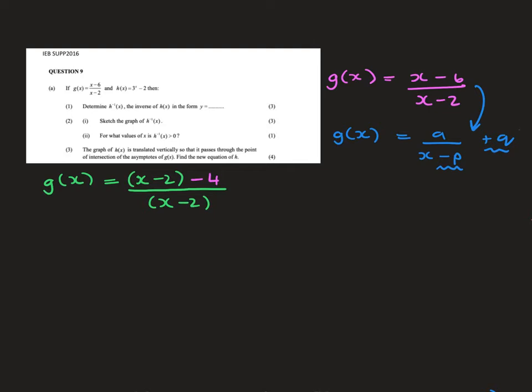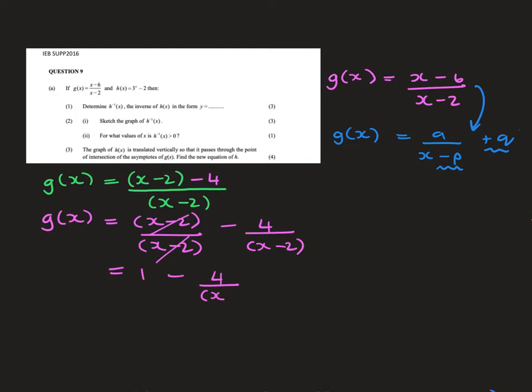So the numerator still says x minus 6. Now we're going to split up that fraction. We're going to write this as g of x is equal to (x minus 2) over (x minus 2) minus 4 over (x minus 2). Because now these two terms cancel each other out and it simplifies down to 1.